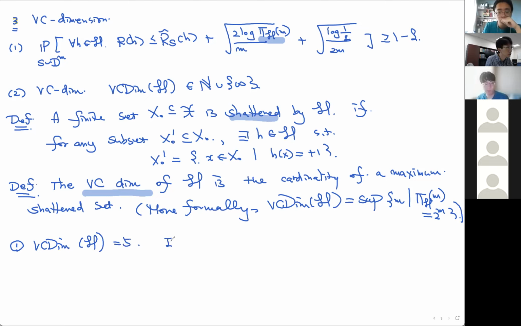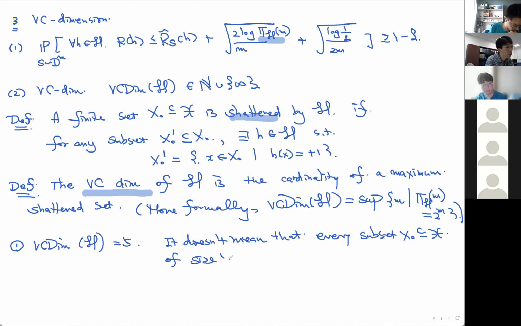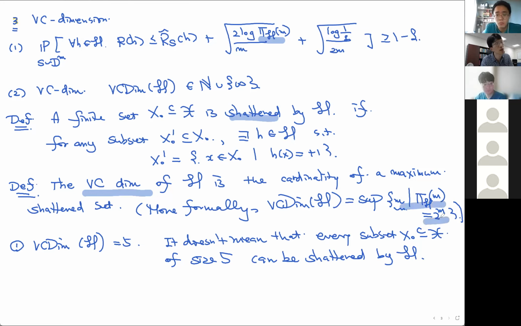This doesn't mean that every subset x0 of size 5 can be shattered by H. It doesn't talk about every subset being shattered by H. The supremum is ranging over this M, so it's a set of integers, and we are taking the maximum. Then the supremum may return infinity.